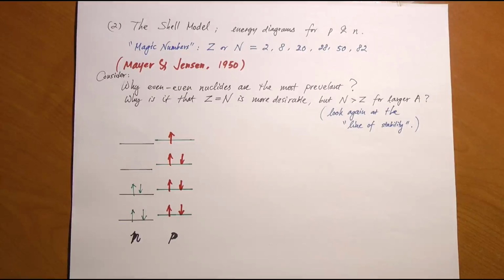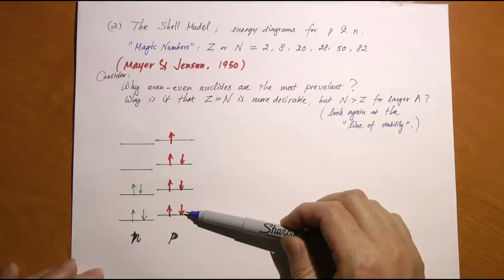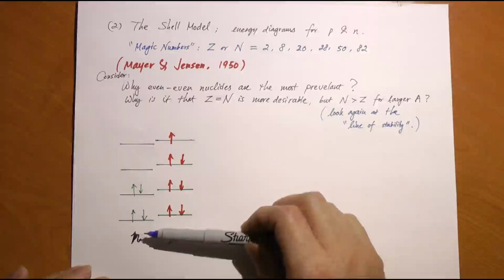Now, we know from our experimental data that nature somehow prefers N to be equal to Z, at least for small nuclides with small values of N and Z. It prefers N equal to Z. You can see why that's the case now, because what I drew here is a very different case. I have 7 protons and only 4 neutrons. I say this is not very good.